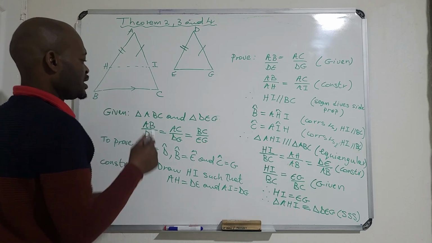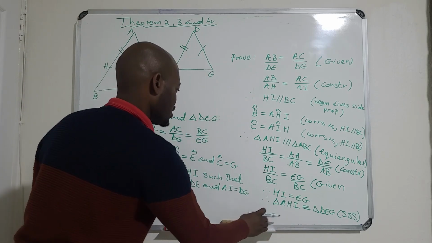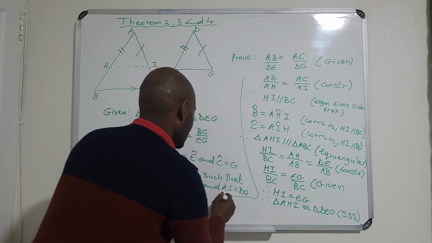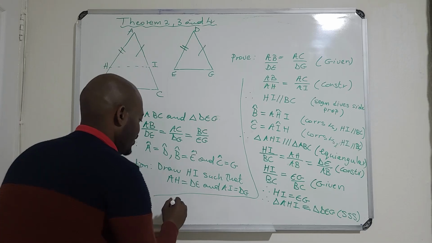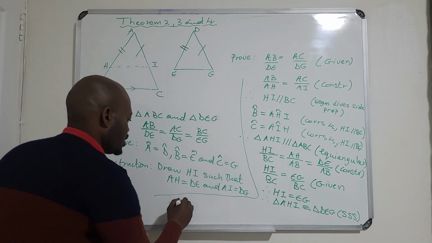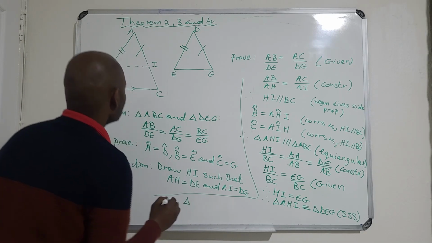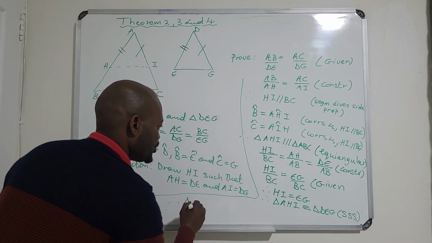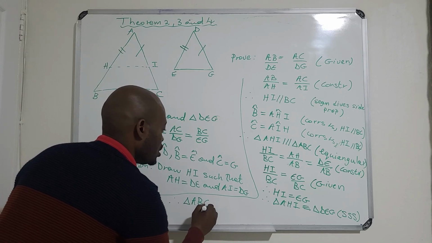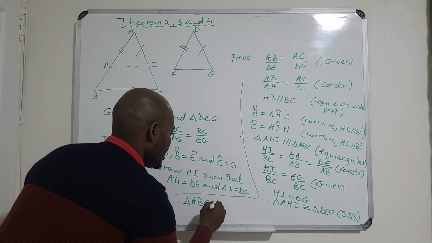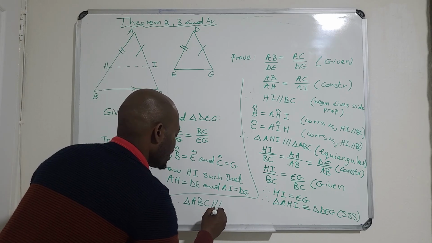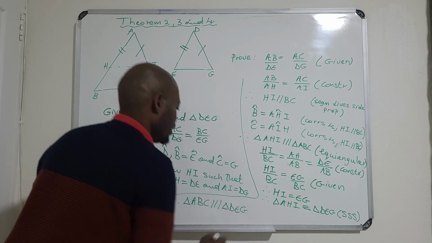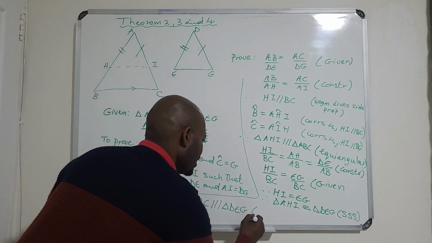Now, I'm just going to finish with this proof here. Therefore, triangle ABC is similar to triangle DEG. Why?